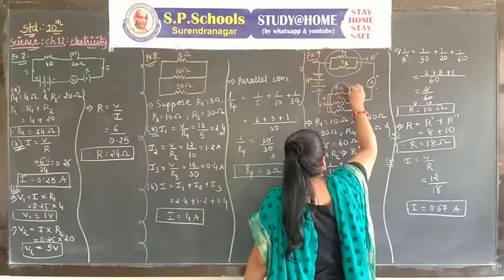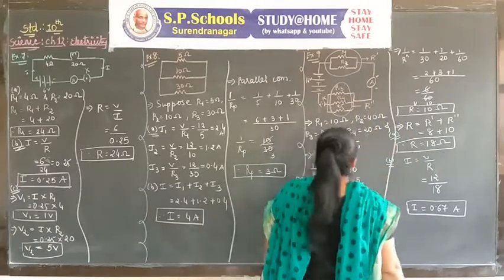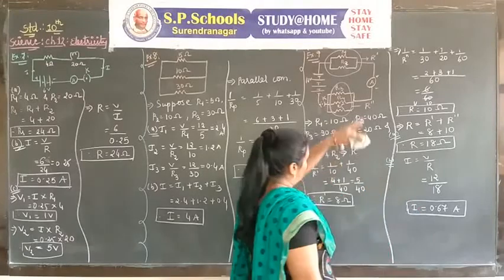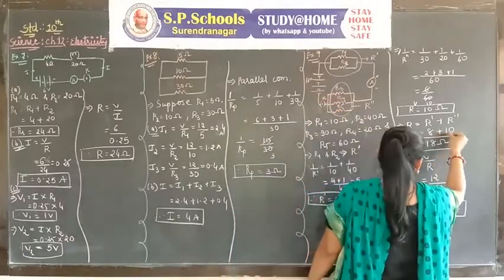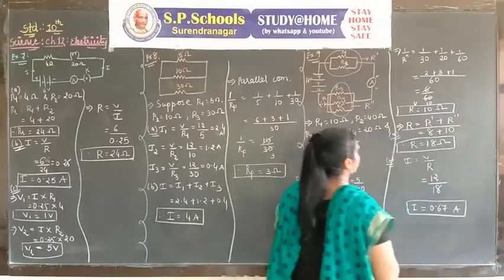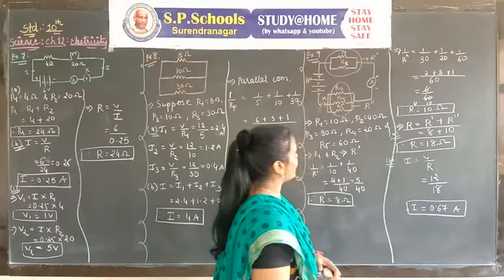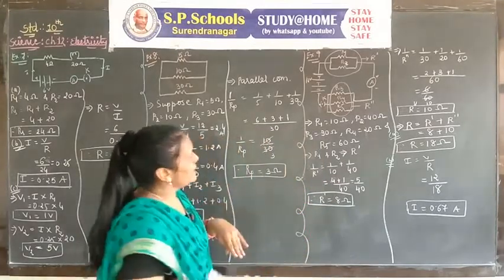All three are arranged in parallel, so we write R double dash. To find the whole resistance of the circuit, we sum the two resistances, R dash plus R double dash is equal to 18, and with the help of the resistance we find the electric current.